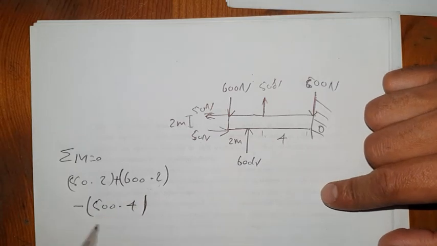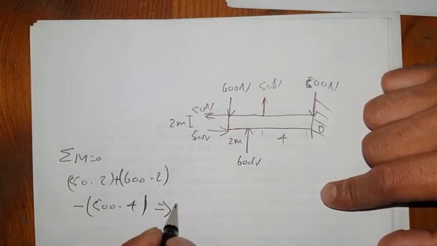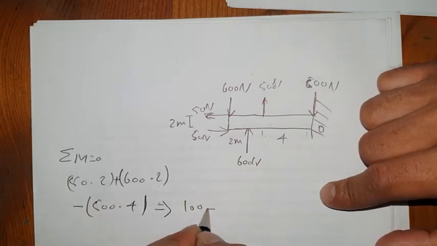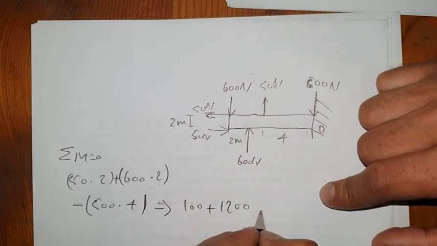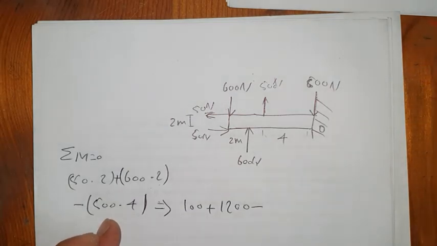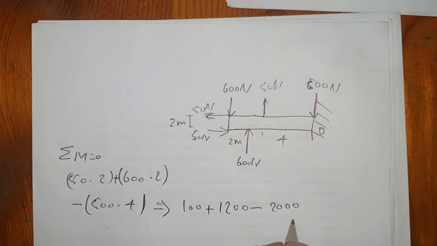So when we calculate this, 50 times 2 is 100, plus 600 times 2 is 1200, and minus, when we multiply 500 by 4, it's 2000.